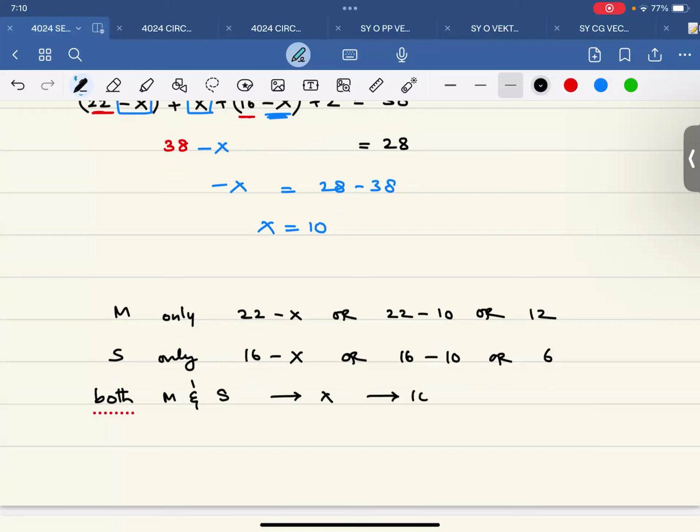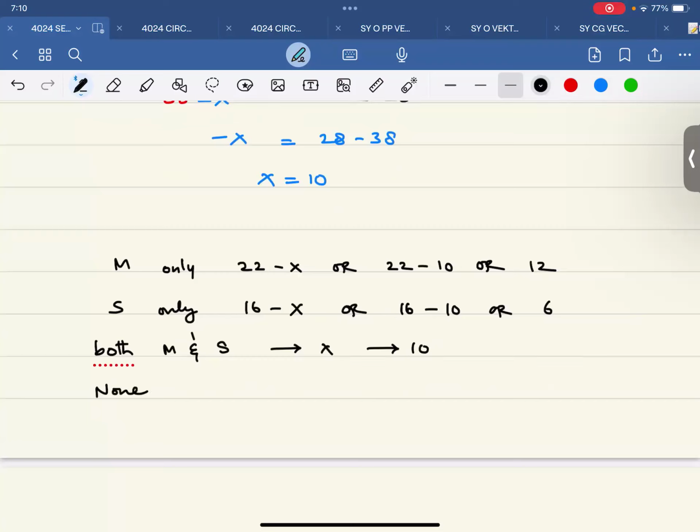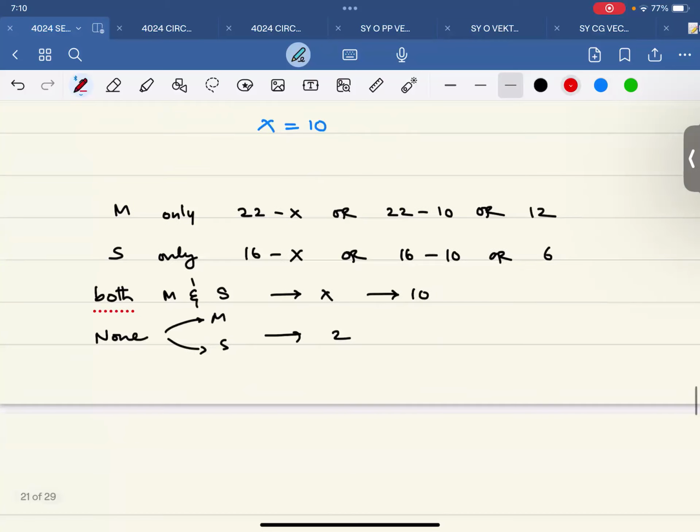And yes, we know 2 study neither math nor science. That is already given. So now add it up. This is 12, math only. This is 6, science only. Both is 10 and none is 2.